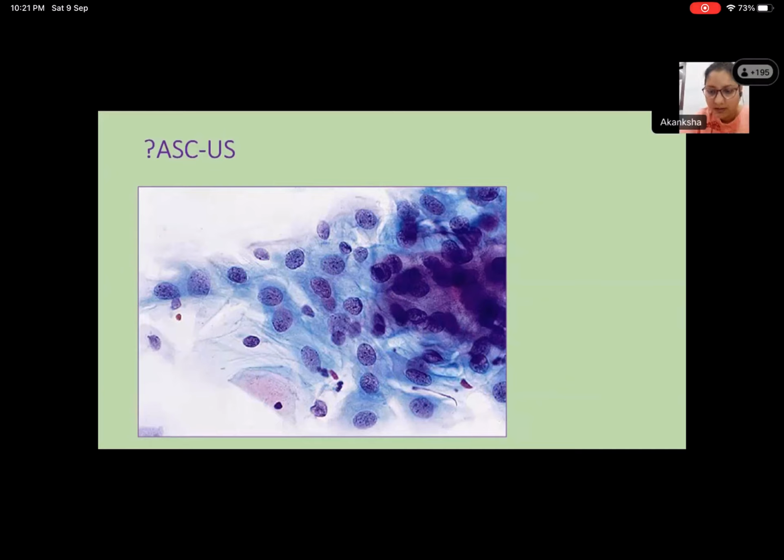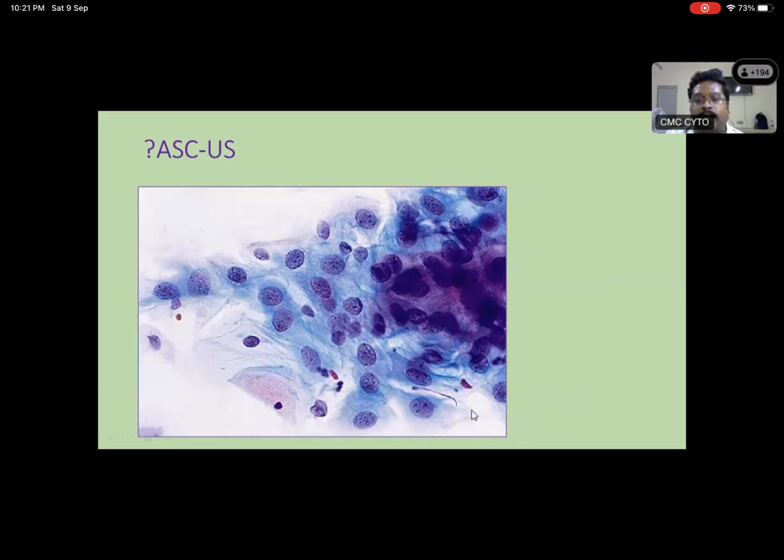There's minimal hyperchromasia. Are you seeing any nuclear membrane irregularity? No, sir. So no nuclear membrane irregularity. Chromatin is fine, granular, and dispersed uniformly. So there is just nuclear enlargement. If you take this as the normal squamous cell, there is some nuclear enlargement. Other than that, nothing else is there, right?